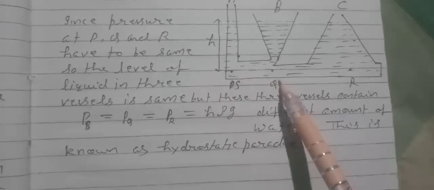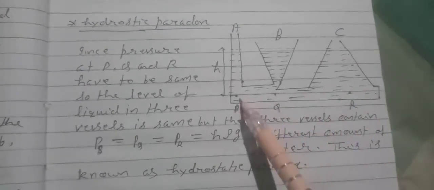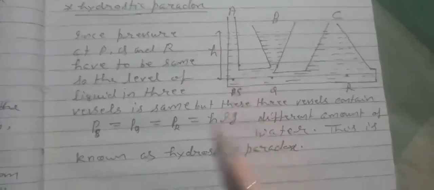See, this is point P, this is point S, this is point Q, and this is point R. Because these three points are at the same level from the free surface, they must have the same pressure. So since pressure at P, Q and R has to be the same, the level of liquid in the three vessels is the same.